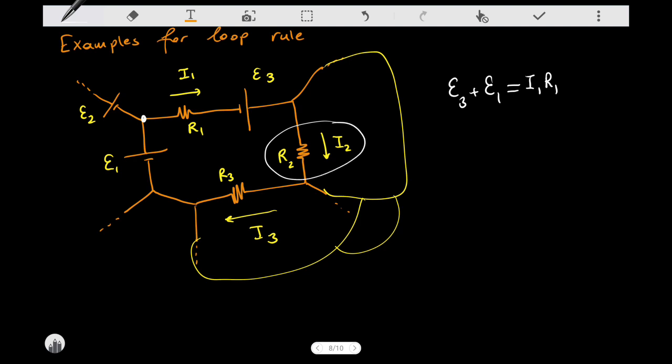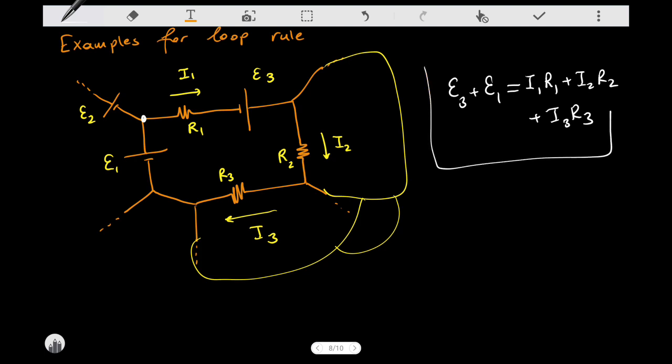So for this resistor, it is I2 times R2. And then finally, for the third resistor, it's going to be I3 times R3. Right? So as a result, the loop rule written down, that particular loop of that circuit would be like that.